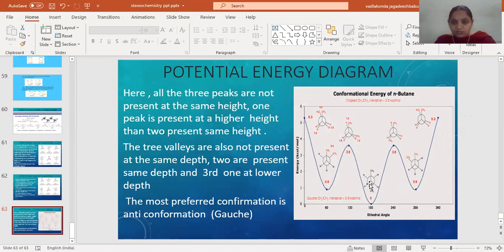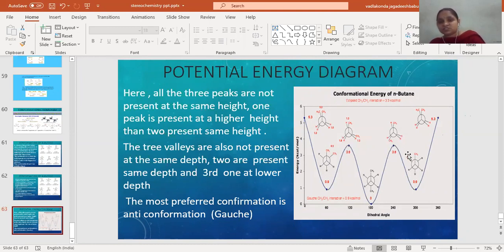When the groups are rotated by one more 60-degree angle, we will get one more eclipsed form, and this eclipsed form has the same energy as the third isomer because it has an equivalent configuration.